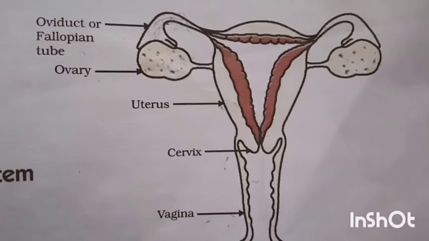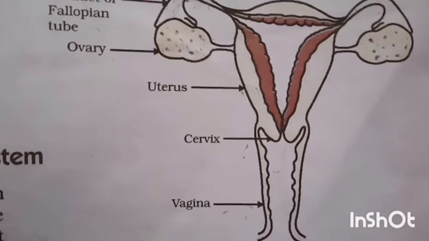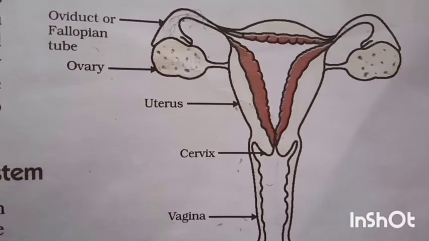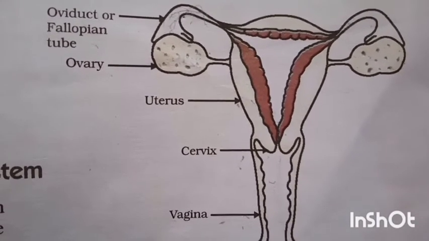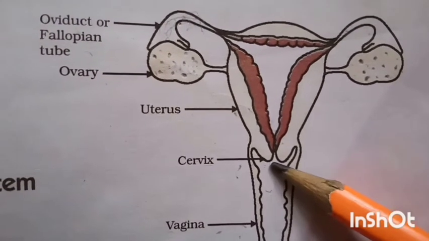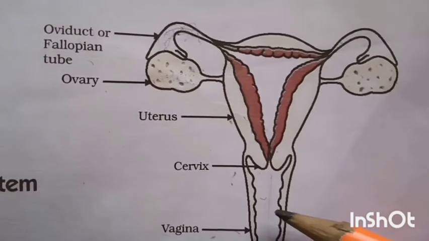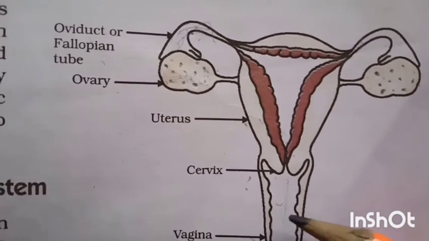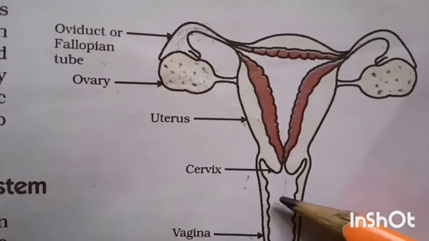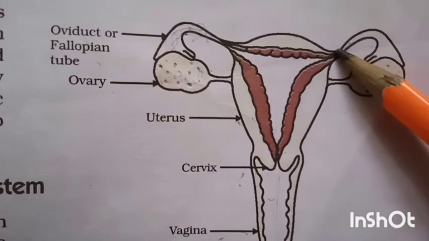Children, with the help of the penis, the male transfers the male gametes into the female reproductive system. So, the vagina receives the male gamete. The male gamete is motile, so sperms move through the uterus and to the oviduct.